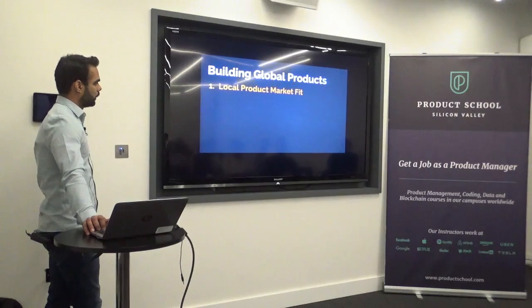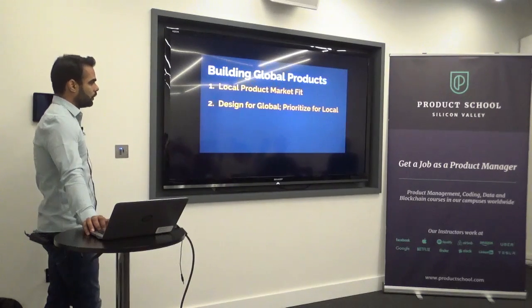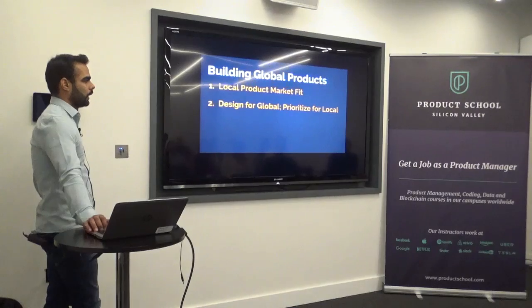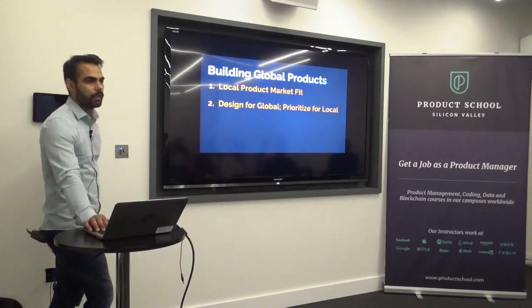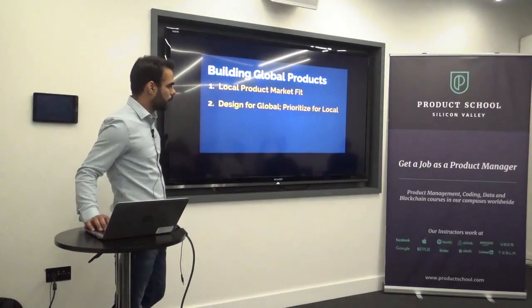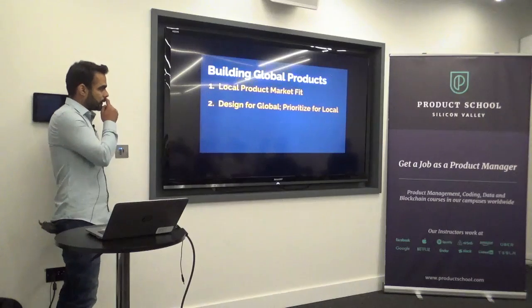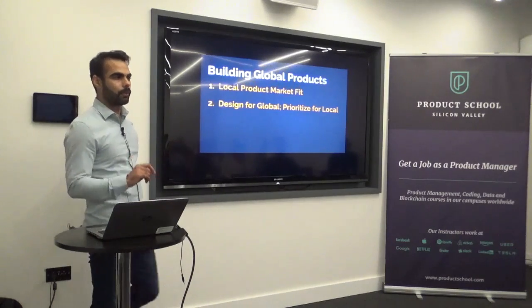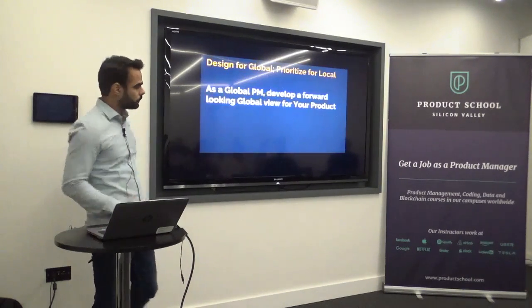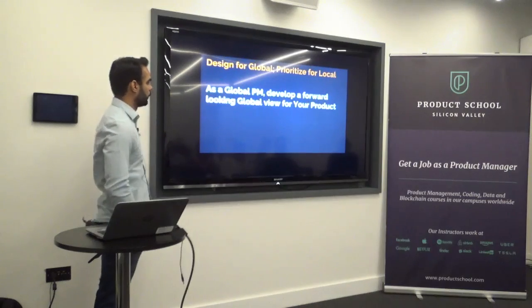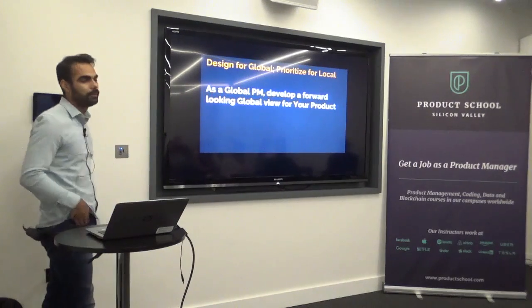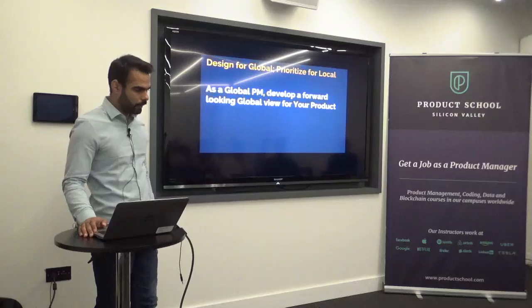The second point is you need to design for global, although you might prioritize for local. And what that means is, as a PM for a product which is global in nature, you always need to develop a forward-looking global view for your product area.